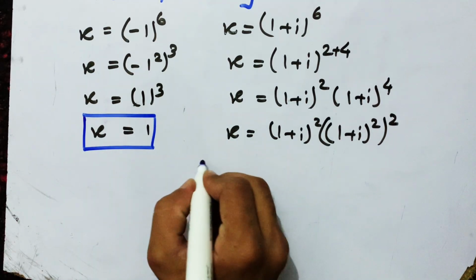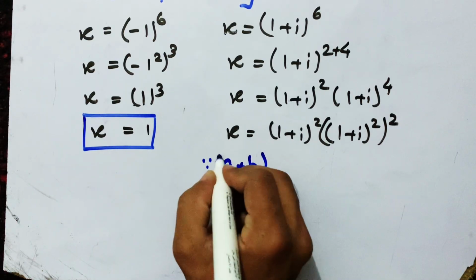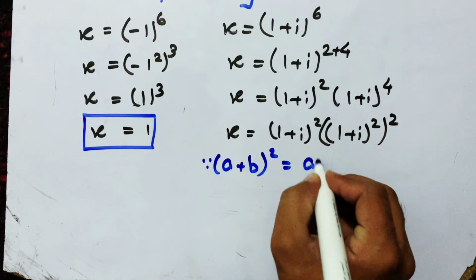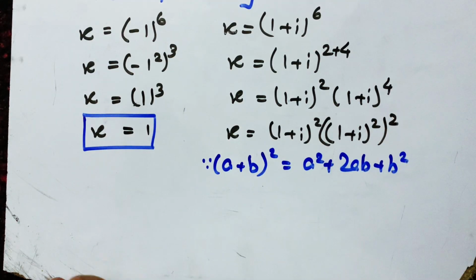I am using the formula a plus b whole square is equal to a square plus 2ab plus b square.